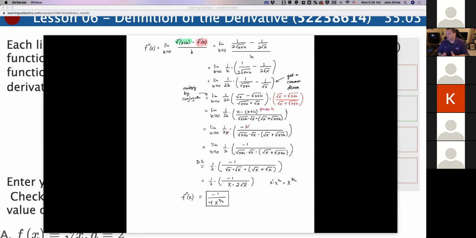It just becomes really difficult, which is why we need a better way of calculating the derivative by hand than using this limit definition. But it is a good exercise in helping us get better at algebra, so I'm willing to do it once in class like this, but most of our examples from here on out are going to be quite a bit shorter. You're going to see that on the next one.